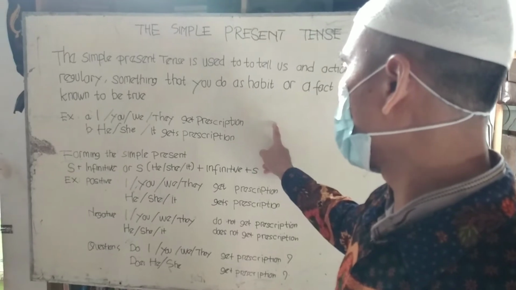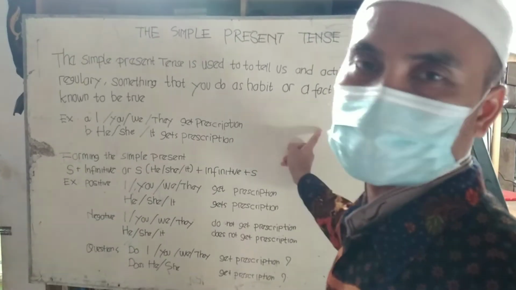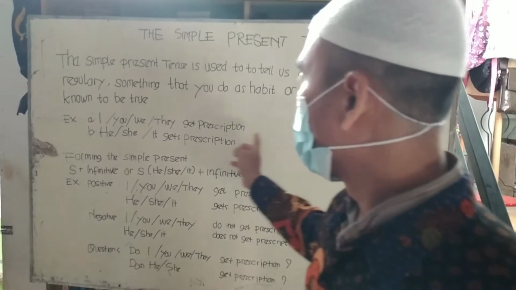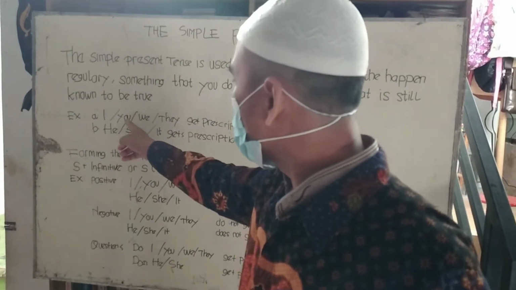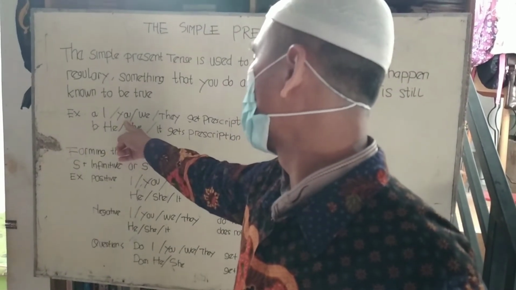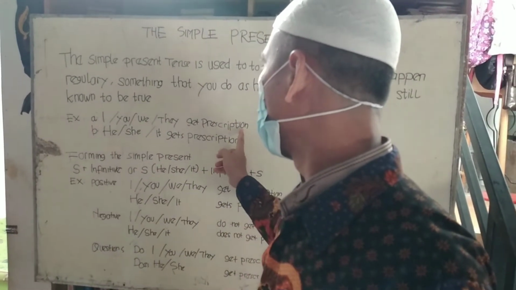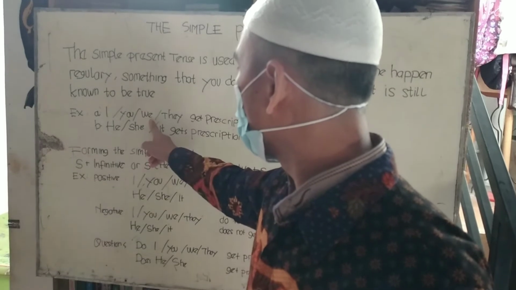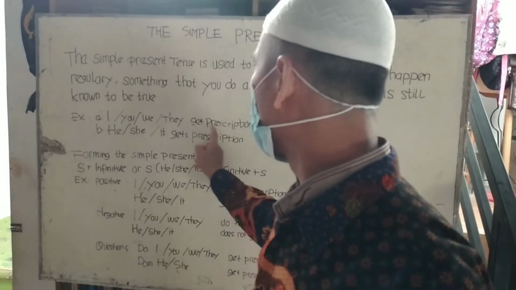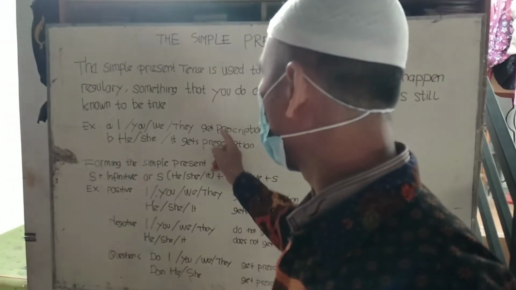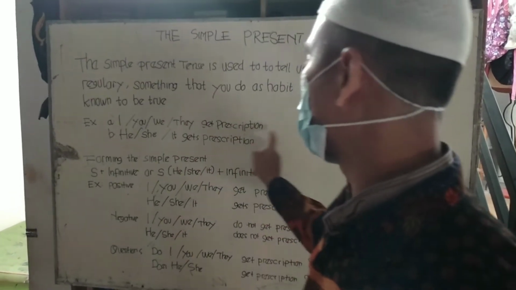And you can add an adverb of time of the simple present tense, for example, every day. And if you use the subject you, the same as the subject I, you get prescription. And if you use the subject we, we get prescription. And if you use the subject they, they get prescription.